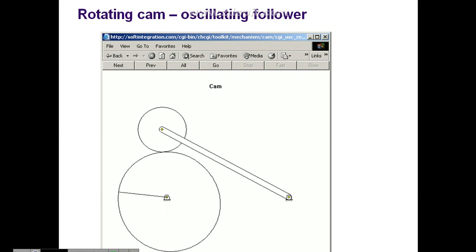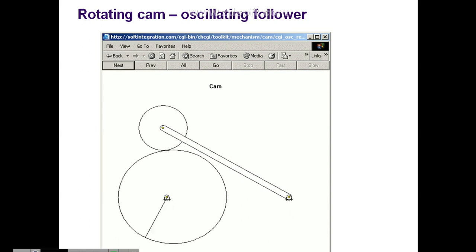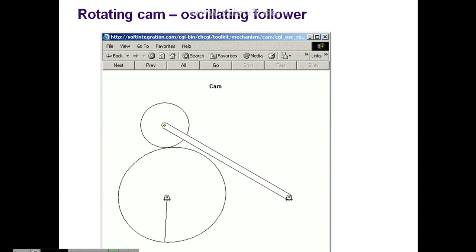Oscillating means rocking, that is moving up and down about the pivoted end, like a zigzag movement. So we name it oscillating. That motion is oscillation or rocking. So, rotating cam oscillating follower.